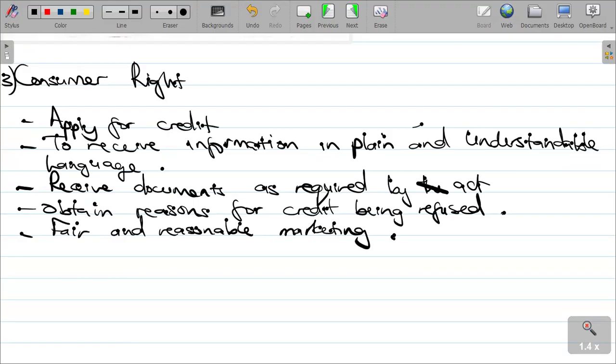There's a right to return goods to the credit provider.